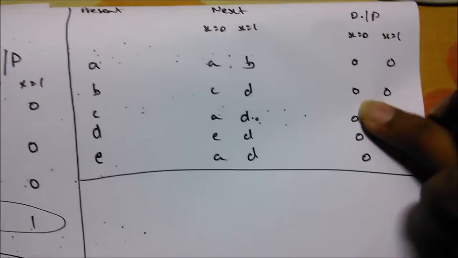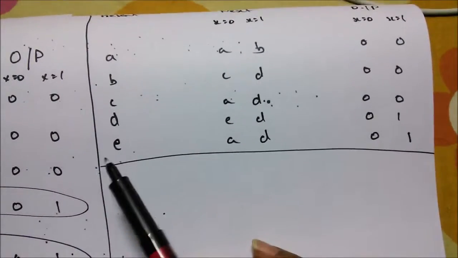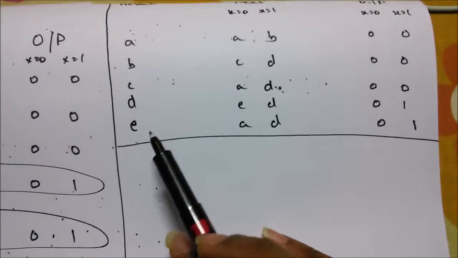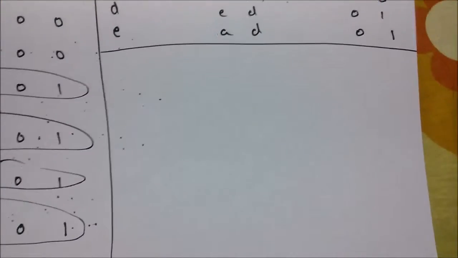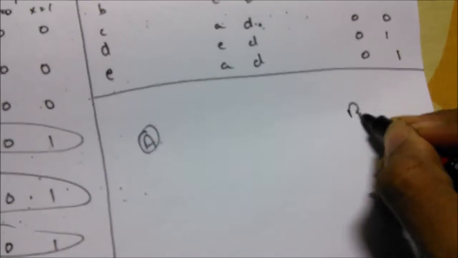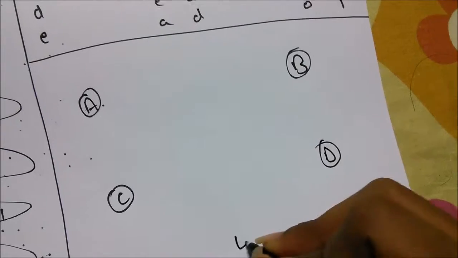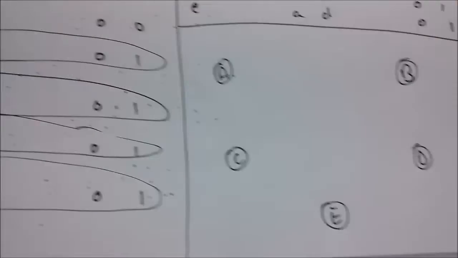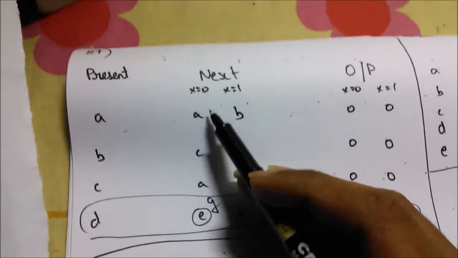We have the minimized state table which says A, B, C, D, E are the only different states, and these are their corresponding next states and outputs. Now we also have to draw the state diagram, which will go something like this. Now as we can see from the table, at A it goes to A itself when x is 0 and the output is 0.